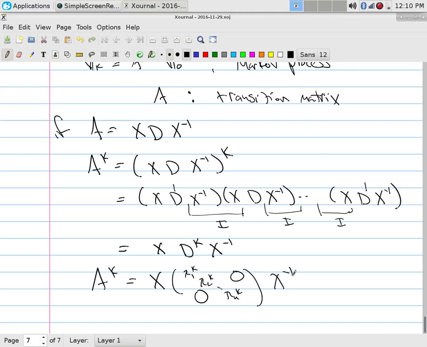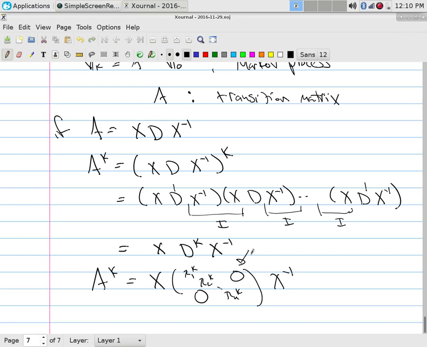The K only goes to the eigenvalues. No one else matters. The eigenvectors are still in the problem, but they only occur once at the end and once at the beginning. I keep applying the transition matrix, and what you're applying is the eigenvalue, which keeps getting multiplied K times. The other eigenvectors don't even change. They just stay put.